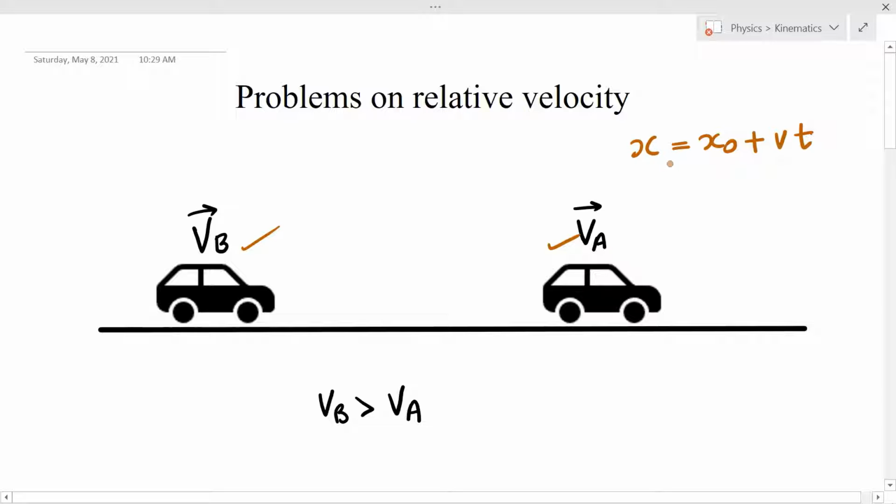So we usually take these equations for the two objects, then solve for the variables and find the answer. But it is usually difficult to keep track of the equations and the values. So you can use another method, the method of relative velocity, to solve the same problems. Let's see how.